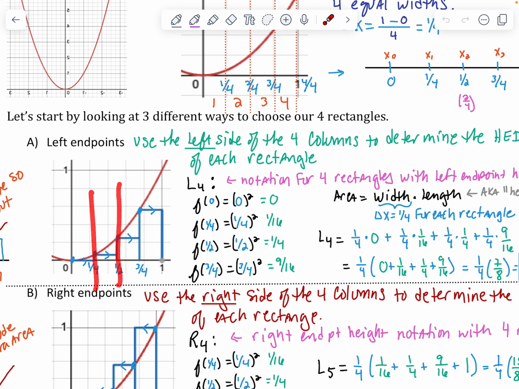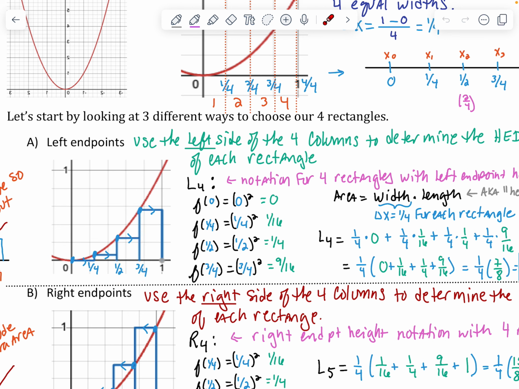Then I'm going to go to the right until I get to the next column marker. At this next column marker, I'm now at x1, a 4th. If I square a 4th, because that's my function, I'm going to be right here at a height of 1/16. So in this column, I come where I hit the graph and go across, and I'm going to continue this process.